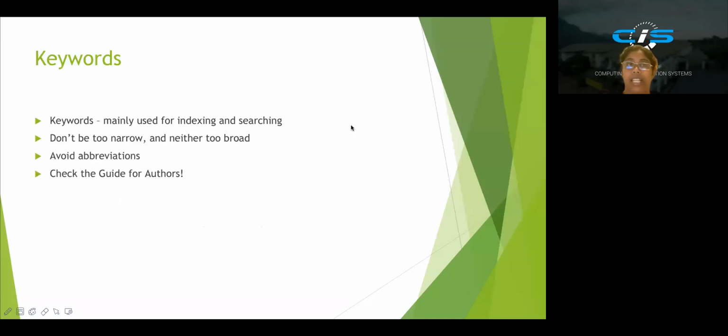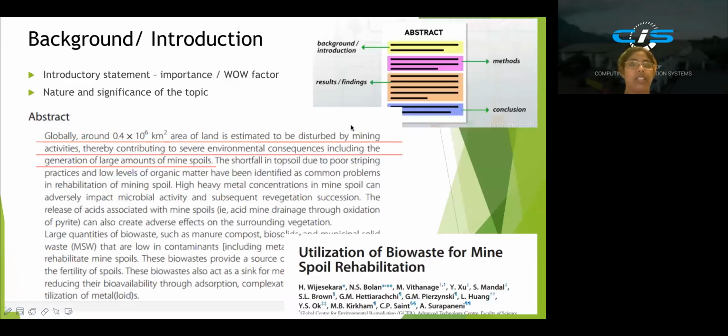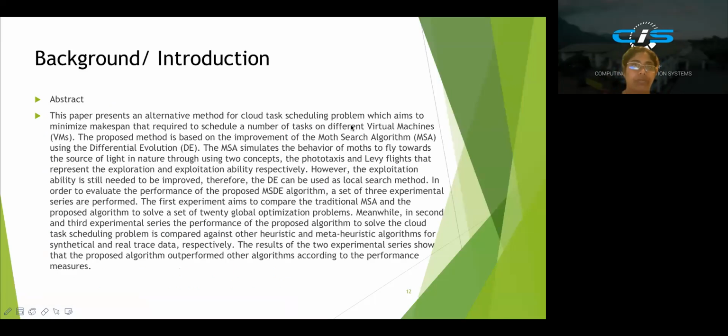And then the keywords. Keywords are mainly used for indexing and searching. Don't be too narrow and neither too broad. Avoid abbreviations. Check the guide for authors on those things. Okay, so I'm only showing you the abstract for the computing tools.